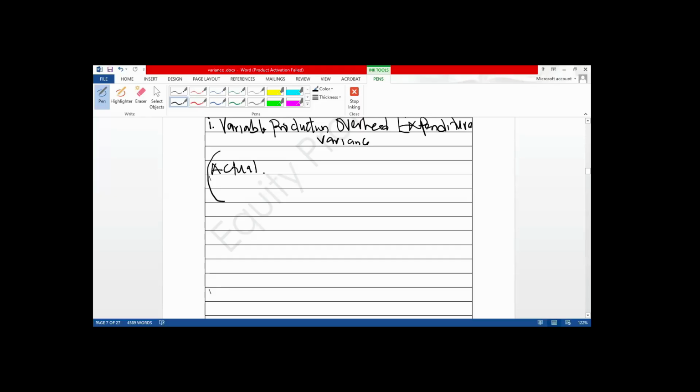Actual labor hours multiplied by variable overhead absorption rates, minus actual variable overhead incurred.